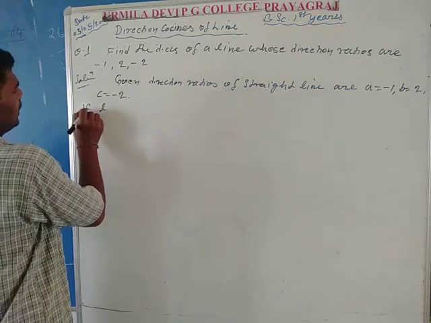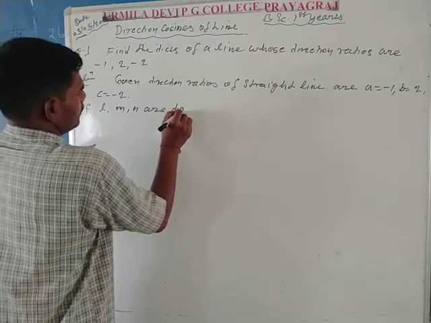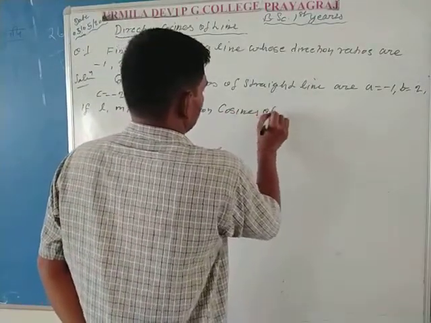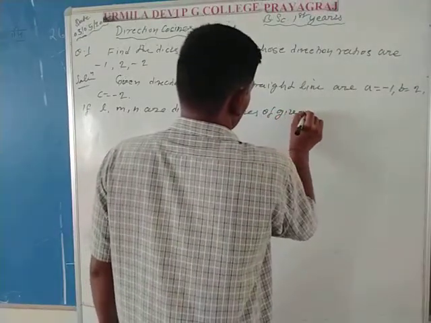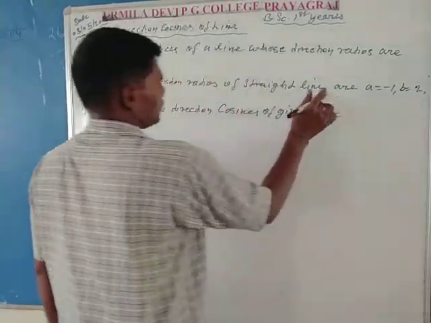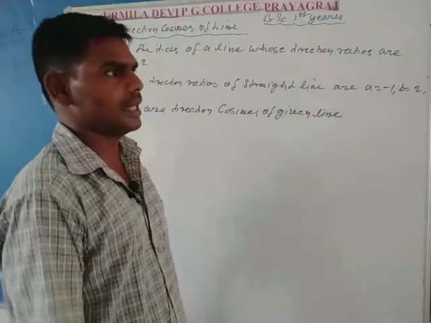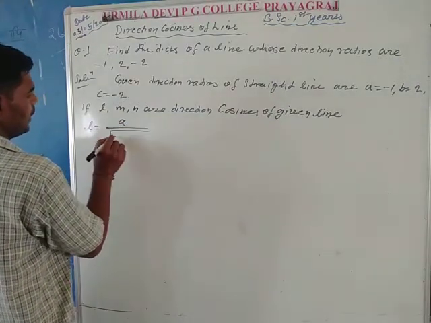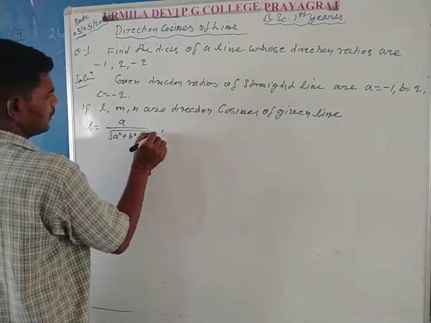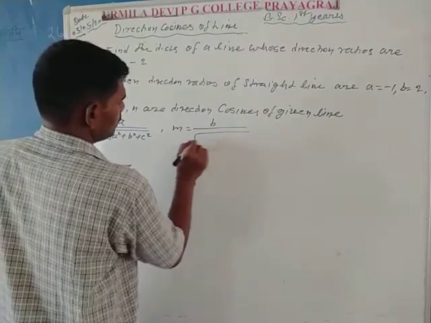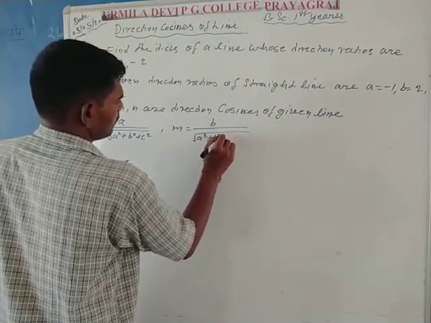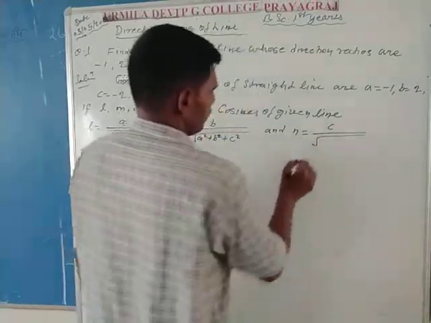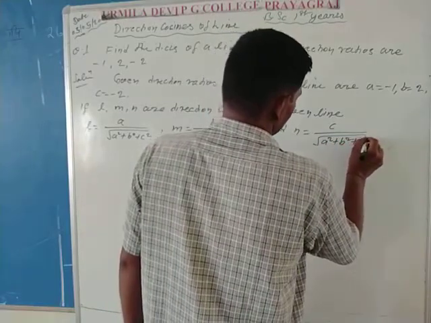If small l, m, n are the direction cosines of the given straight line, then using two direct formulas relating direction cosines and direction ratios: l is equal to a divided by under root of a square plus b square plus c square, m is equal to b divided by under root of a square plus b square plus c square, and n is equal to c divided by under root of a square plus b square plus c square.